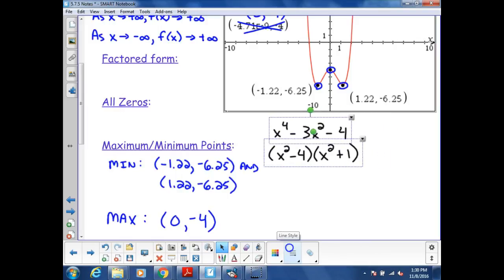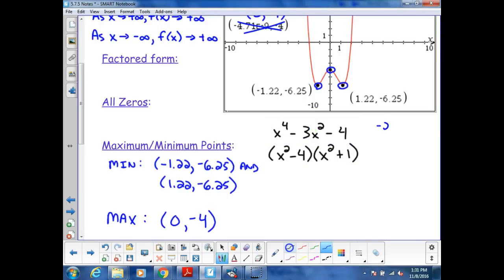Bring these two over here, and then I'll go negative 2 into 1, 0, negative 3, 0, negative 4, and so on and so forth, and I would have added 2 zeros there. Okay? X squared minus 4 is going to be x minus 2 and x plus 2.